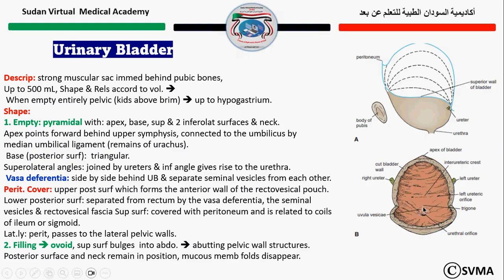In the trigone, in the upper part of the trigone you find the interureteric crest here. In the lower part of the trigone in the male, it's a small elevation immediately behind the urethral orifice, produced by an underlying median lobe of the prostate. So we only find the uvula vesicae in males. Yes, excellent.